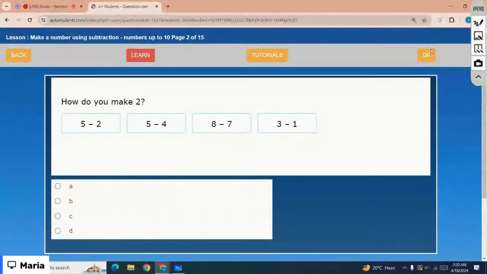How do you make 2? Which is the correct option? You are given 4 of the options. You have to select the one that makes 2. So, which is the correct option?